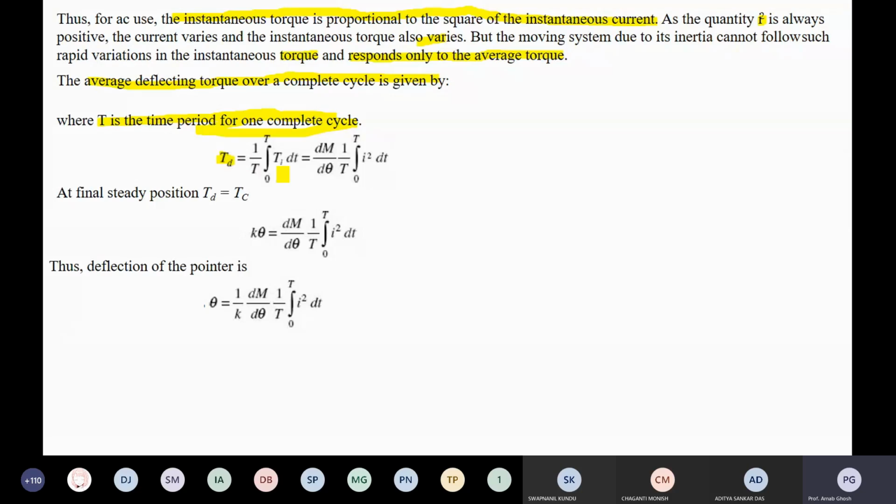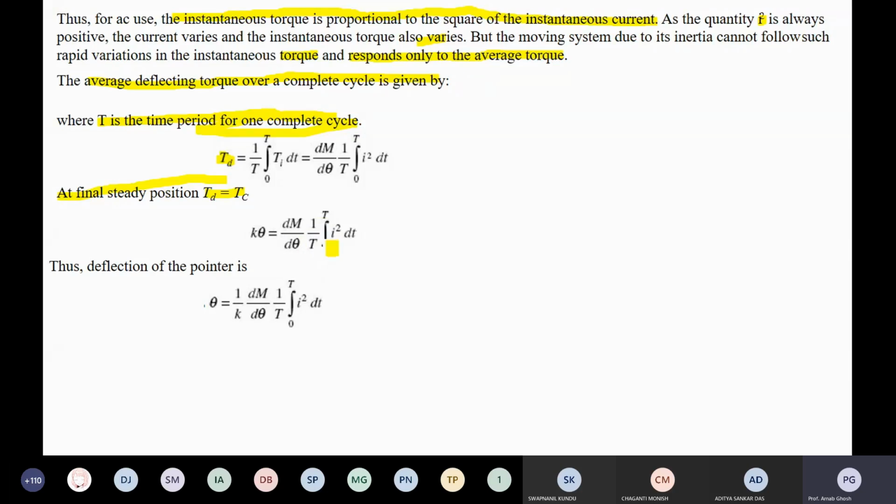So it comes Kθ equals dM/dθ times 1 by T integral from 0 to T of i square dt. So the deflection is θ equals 1 by K dM/dθ times 1 by T integral from 0 to T of i square dt. This is the total expression for the instantaneous condition, averaged over a full complete cycle.